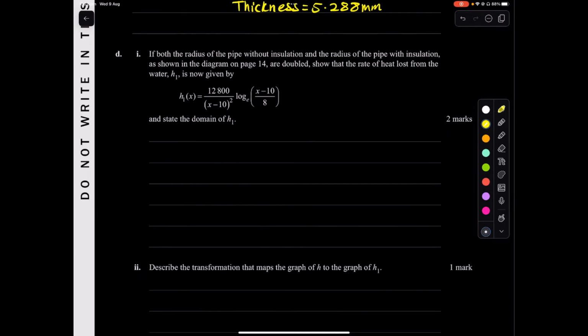If both the radius of the pipe without insulation, so no insulation, that's 10, and the radius of the pipe with insulation, as shown in the diagram on page 14, are doubled, show that the rate of heat lost from the water, H1, is given by this equation.